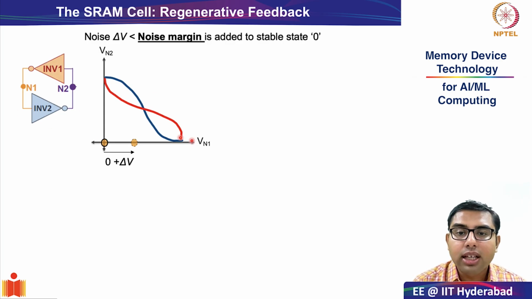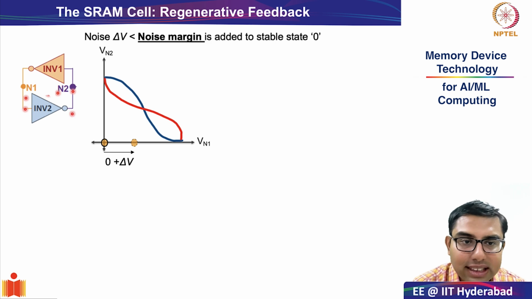So in this case, since VN1 is the input and there is a disturbance at the input, it is but natural that we should look at inverter 2. Why? Because the input to inverter 2 is N1 and the output is N2.